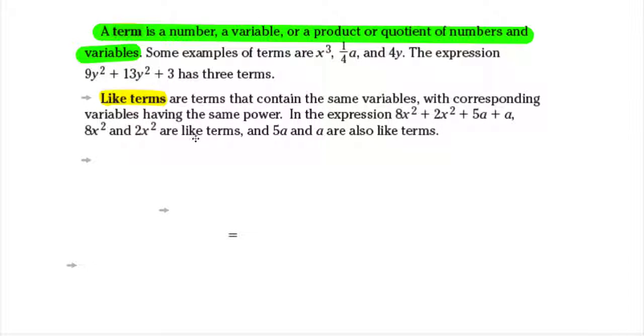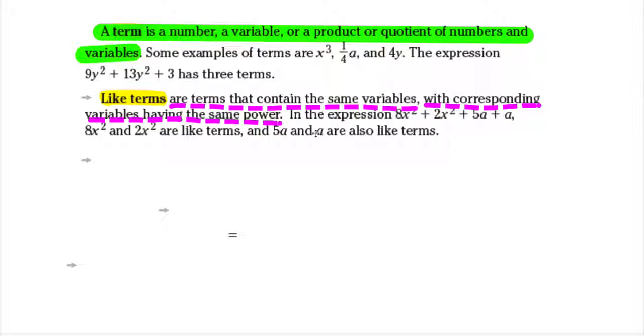Like terms are terms that contain the same variables with corresponding variables having the same power. Now we define what like terms are, and take note of these. They are terms that contain the same variables with corresponding variables having the same power.